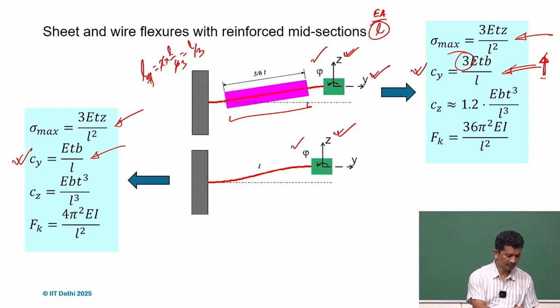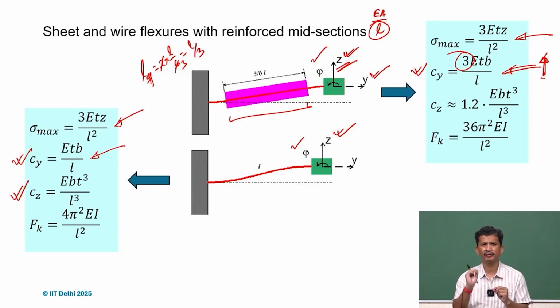Now what happens to Cz, the stiffness in the compliant direction? Z is the compliant direction. If we move, it can move easily, so the stiffness should be lower, because that's the compliant direction. If you apply any actuation in that direction, it should deform easily.